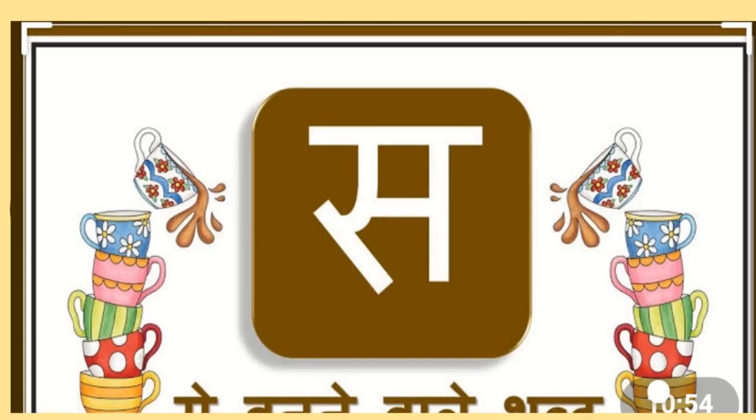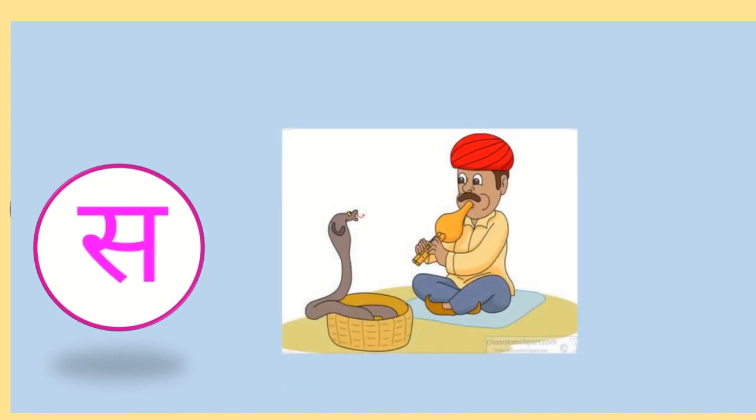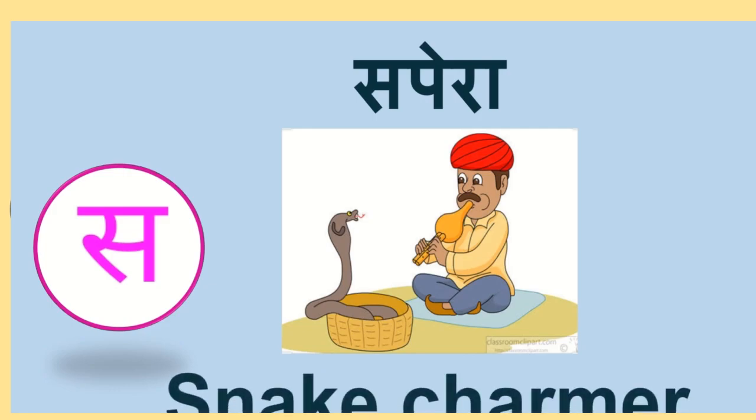Now we are going to see the letter S and the words which are starting with S. S se banne wale shabd. This is letter S. S say sapera. Sapera means snake charmer, the person who is catching the snakes.